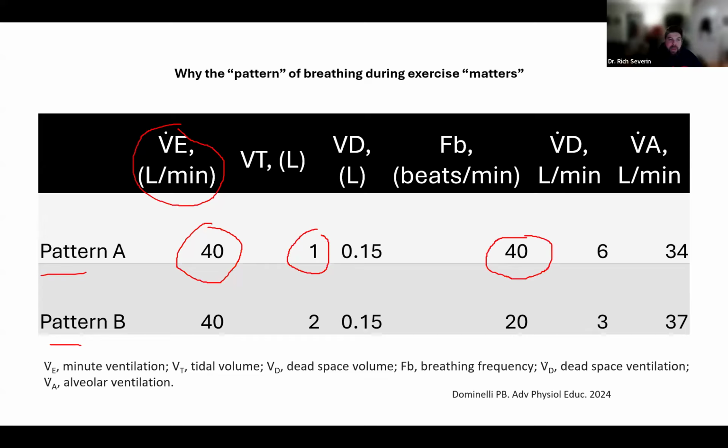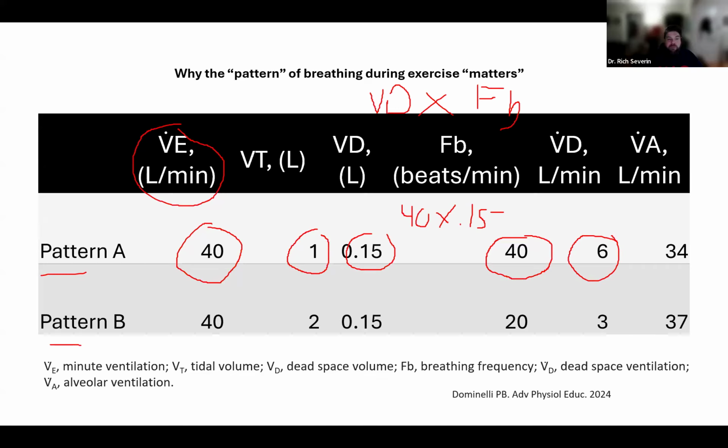Well, we said dead space ventilation is VD times FB. So VD, again, is that fixed value of 150 or 0.15 liters. So 40 times 0.15 equals 6 liters.